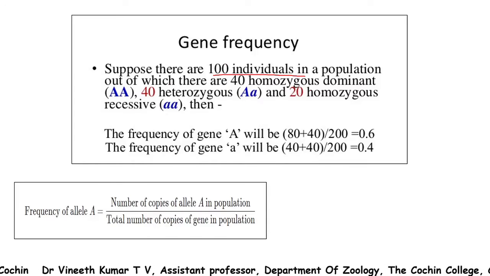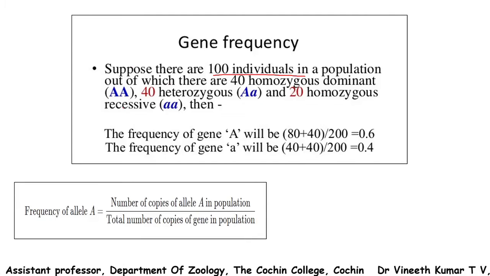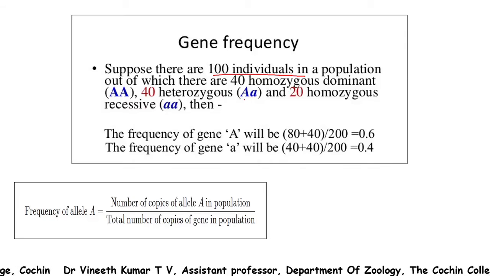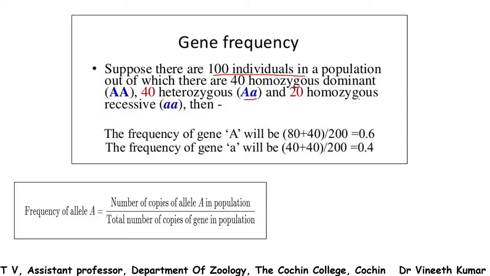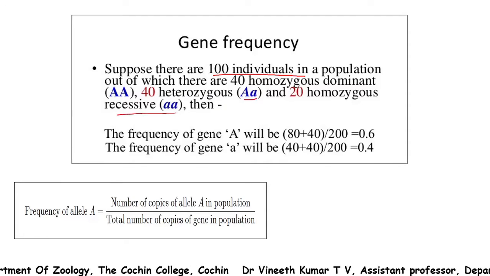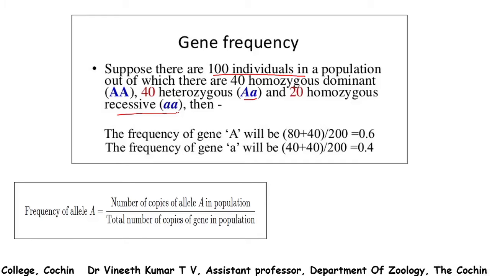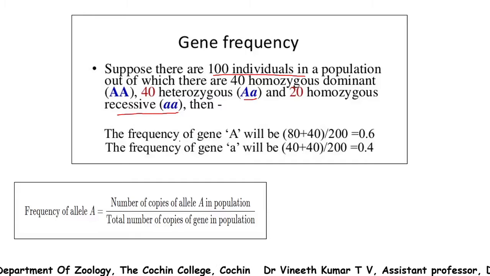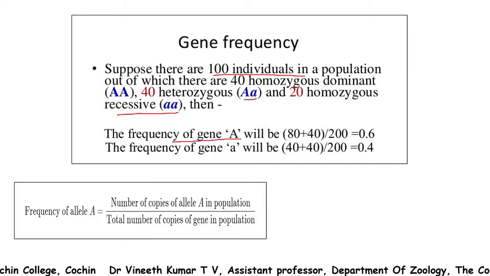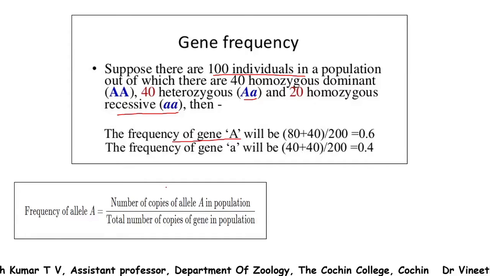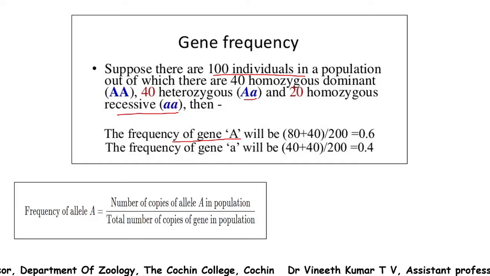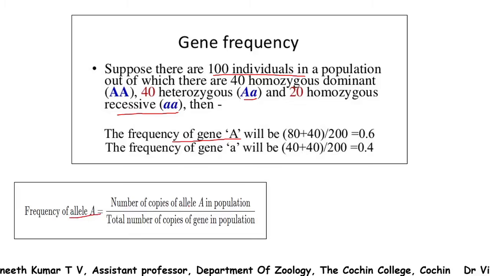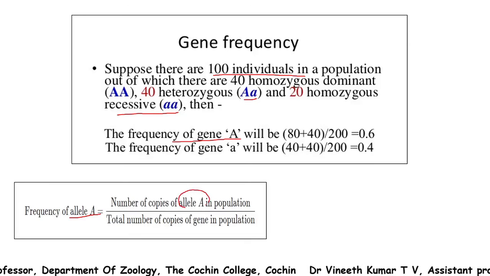Out of this, 40 are homozygous dominant, which is capital A capital A, 40 are heterozygous, capital A small a, and 20 are homozygous recessive, small a small a. So now we are going to find out the frequency of the gene capital A. Here we have the formula for finding out the frequency of allele A, which is the number of copies of allele A in a population.